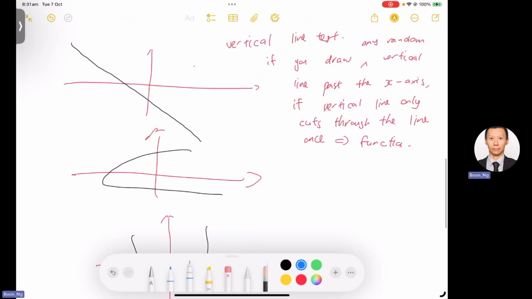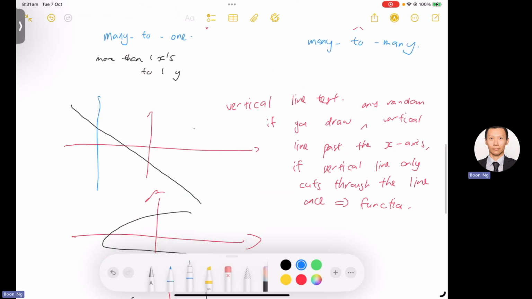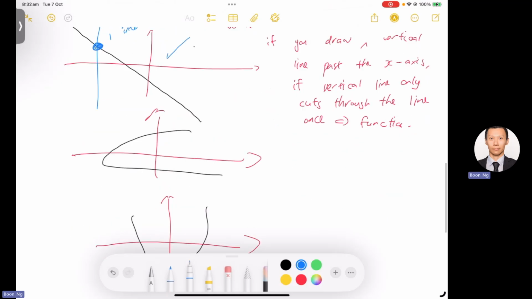So a vertical line we can draw randomly. This means that it will only cut through once, one intersection. So this is a function. If we draw it here, two intersections, so not a function.